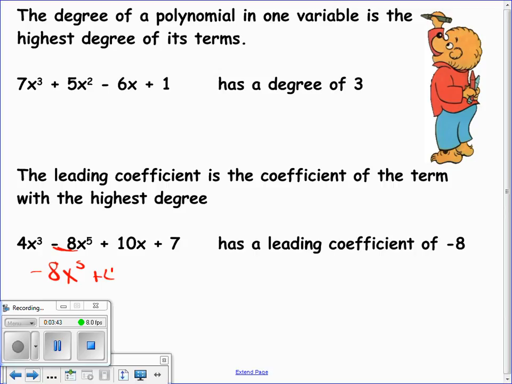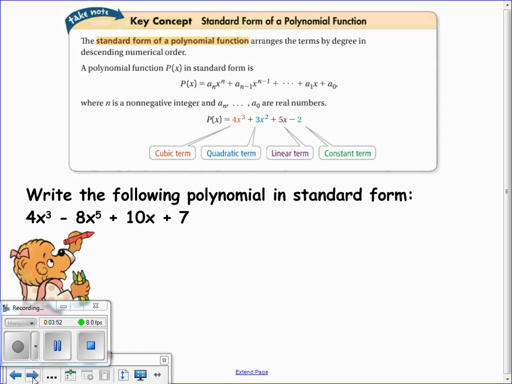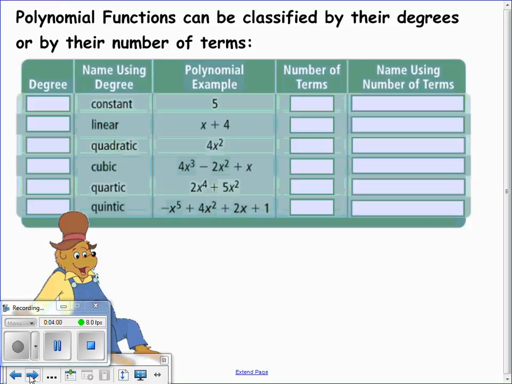Plus 4x cubed. Good. So that's how it should be written. That's the next part, talking about standard form, which most of you were like, oh, I don't like the way it's written anyway. So that's the exact same problem we just did. Standard form just wants them in the correct order, highest exponent on down.